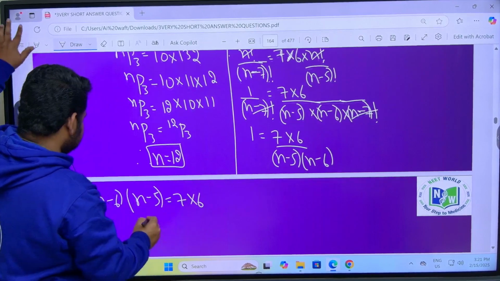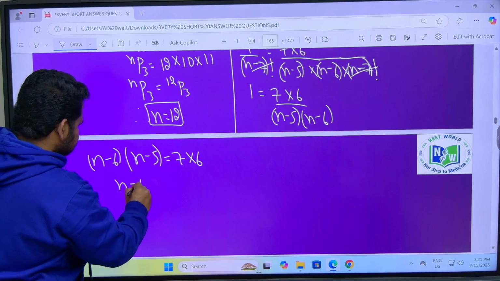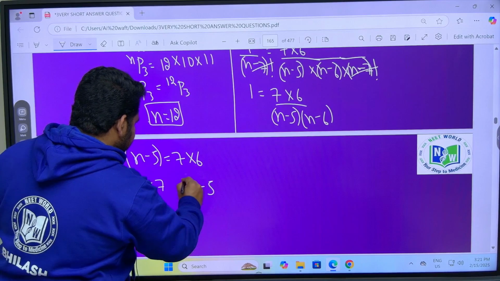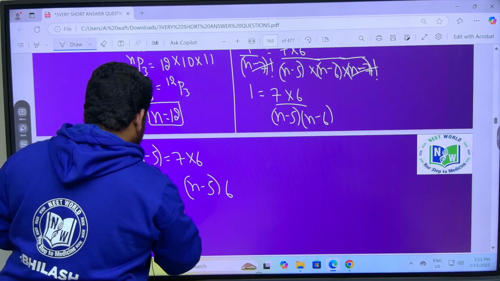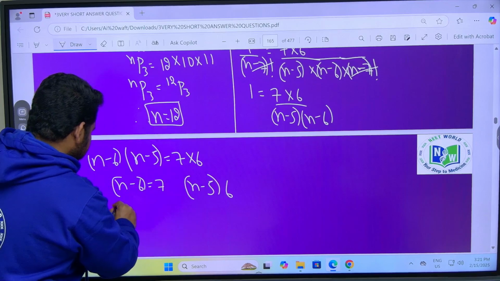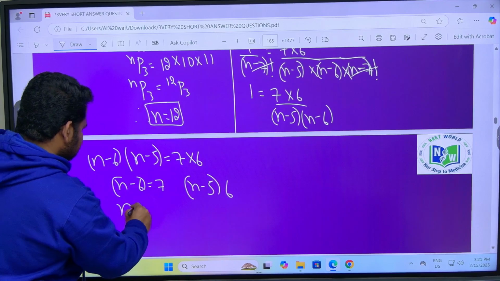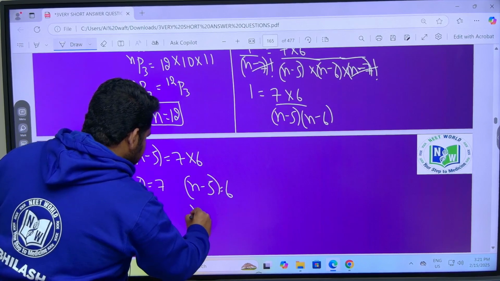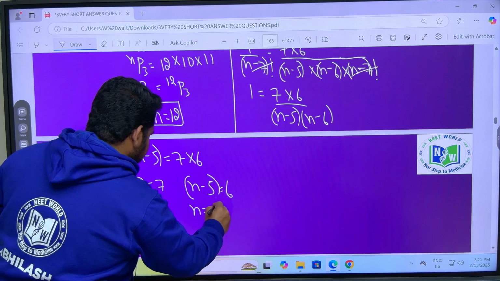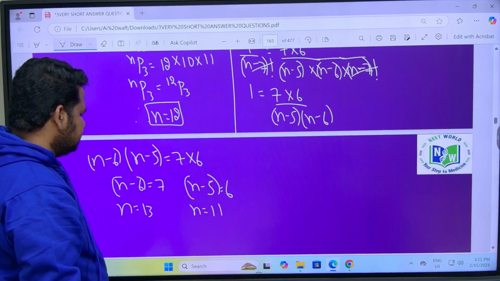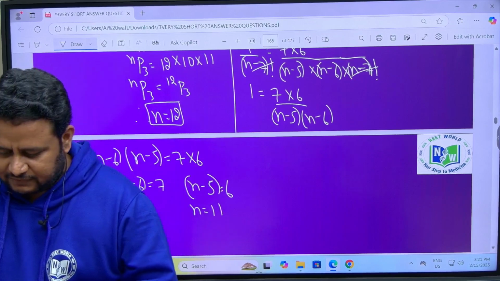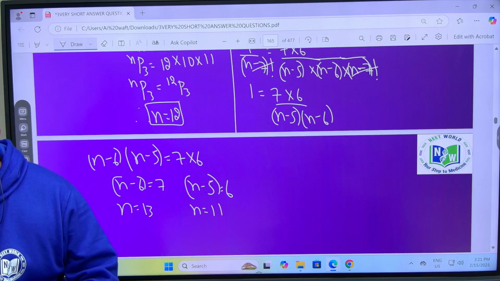So what do we get, friends? n minus 6 will be equal to 7 and n minus 5 will be equal to 6. So n is equal to 13, and n is equal to 11. So the value of n can be 13 or 11.